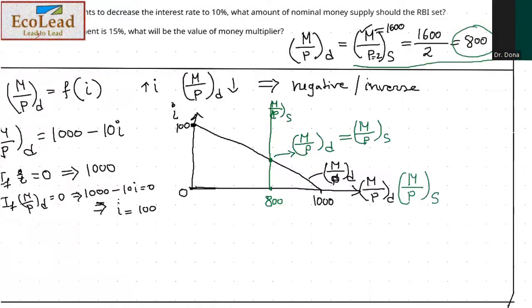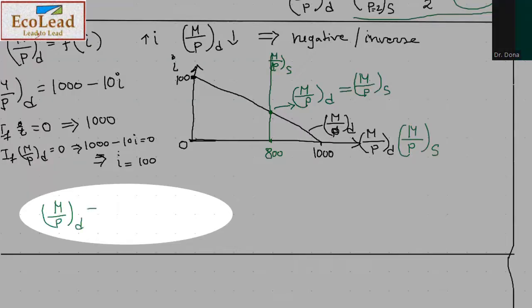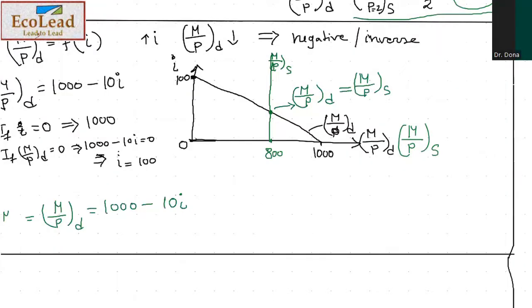Now what is the equation for the money demand? Money demand equation here is M/P d, which is equal to 1000 minus 10i, and that will be equal to M/P s, which is 800.